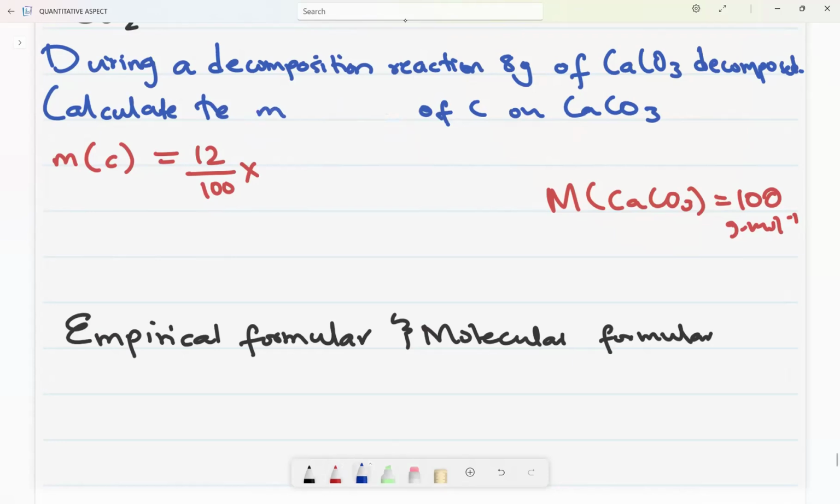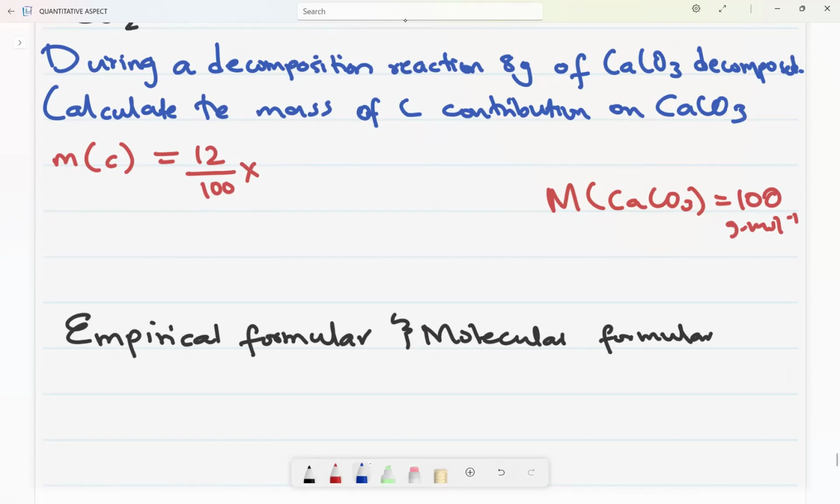Let's change the question. Calculate the mass of carbon contribution in calcium carbonate.